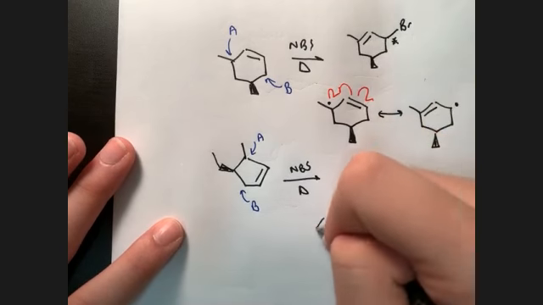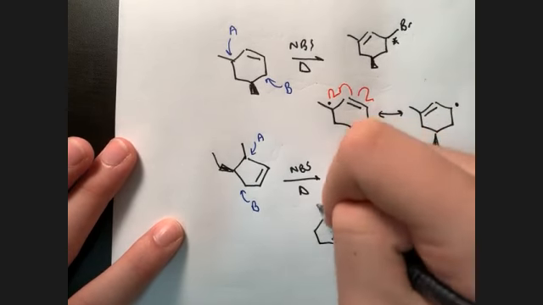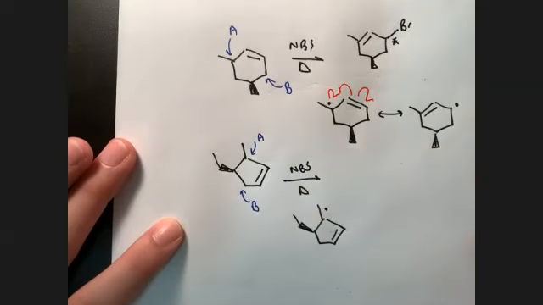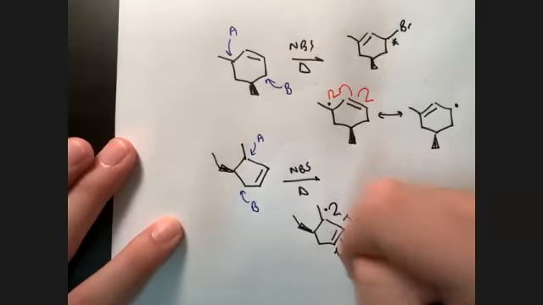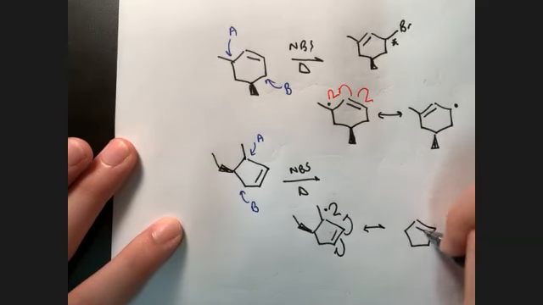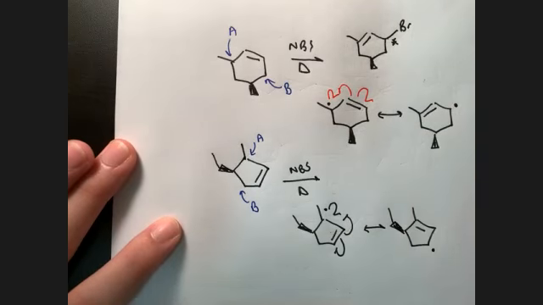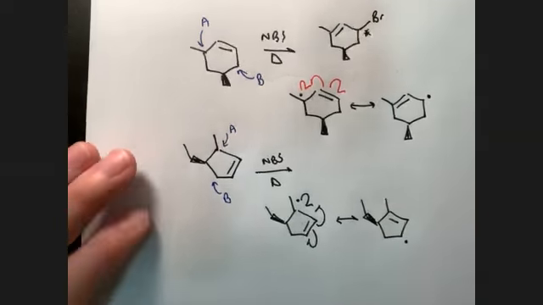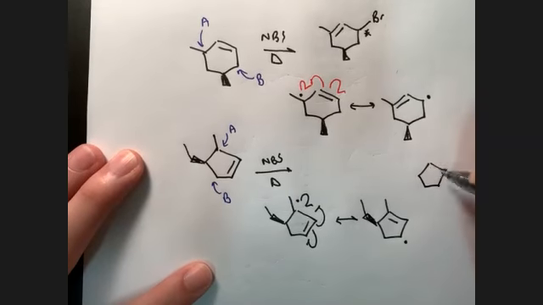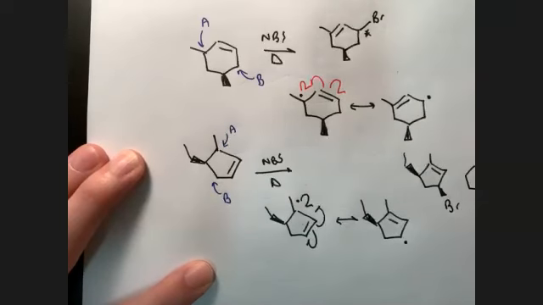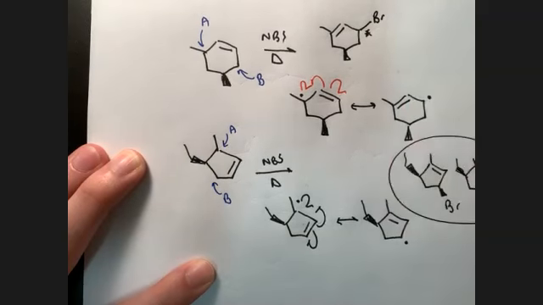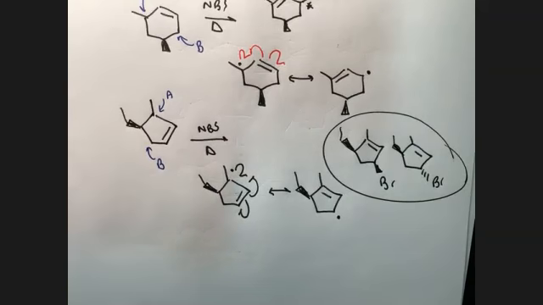So we basically want to imagine that we're going from that radical, and then you resonate, and essentially you get your bromine adding there and you get two main diastereomers. So you would get that.